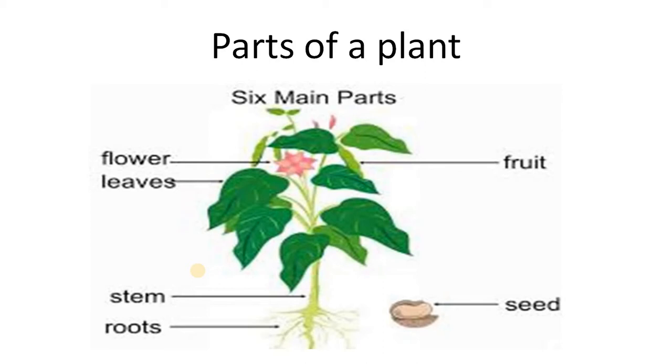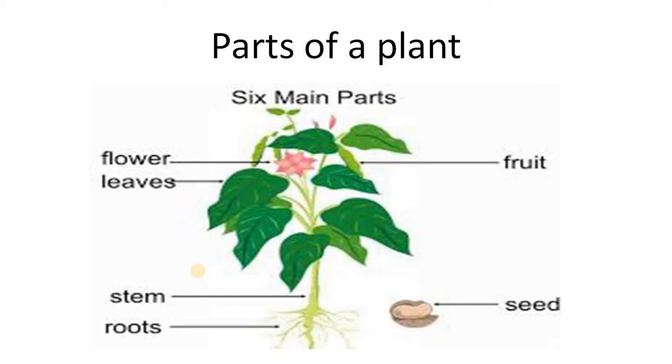Then we have leaves, flowers, fruits, and finally seeds. So these are the 6 main parts of the plants.